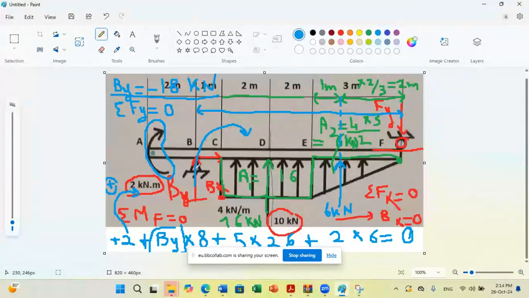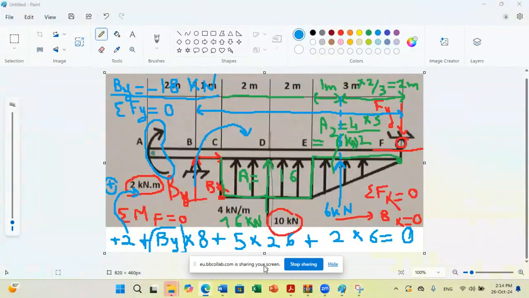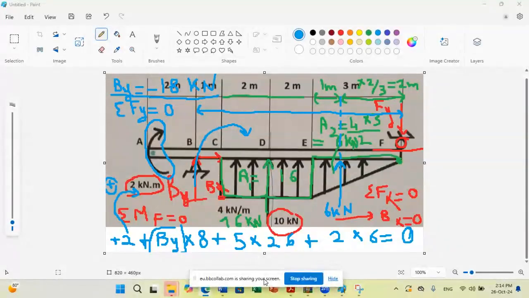Yes, and sum of moment about F. What is 5 times 26? Can you please repeat? The rectangular load of 16 is replaced by 16 kilonewton here at point D. And at point D, you also have a concentrated force of 10 kilonewton.